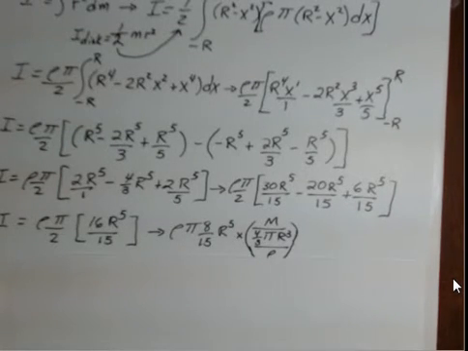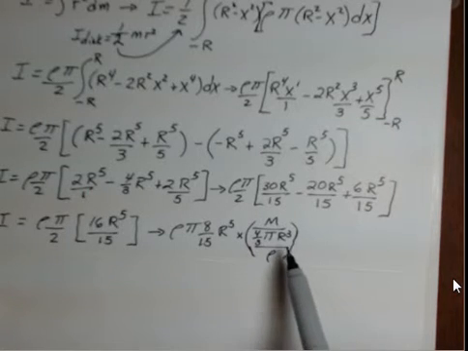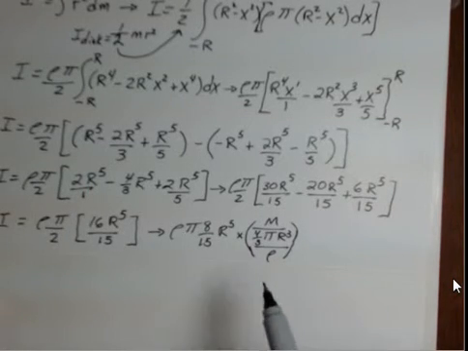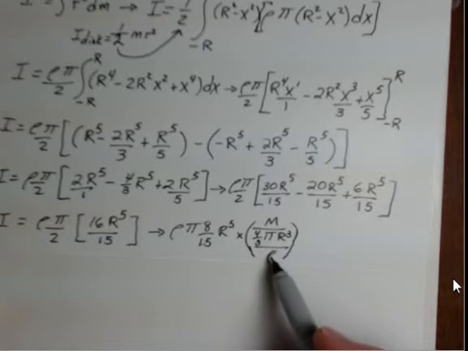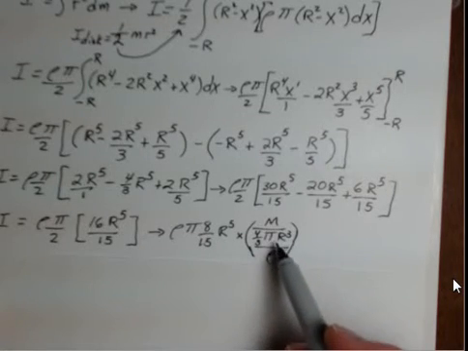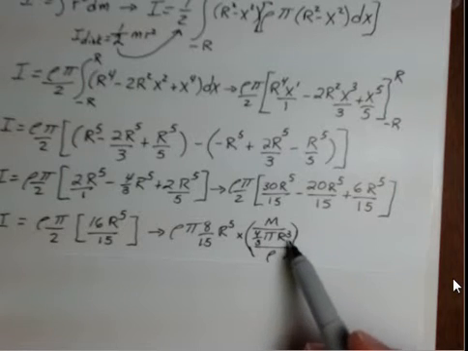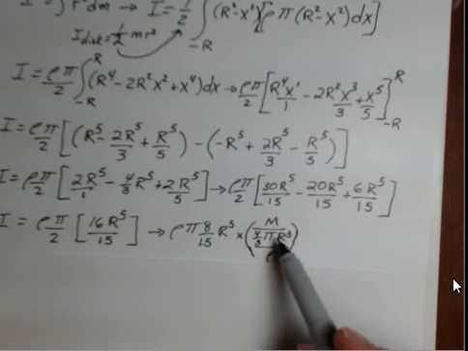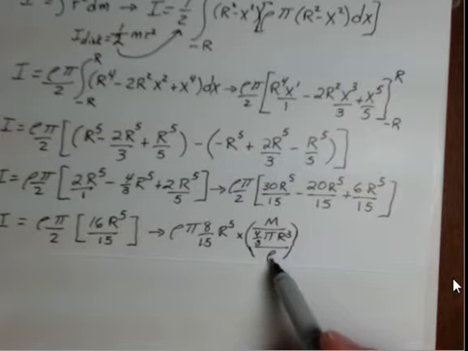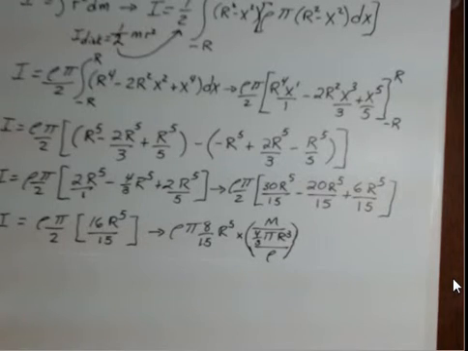Now, I want to get rid of the density and bring in the mass. I want my formula in terms of the mass and the radius. So to do this, the density is equal to mass over volume. The mass of the sphere, capital M, over 4/3 pi r cubed, that's the volume of the sphere, and then divide by rho. So that would be an equality, really a kind of conversion factor.